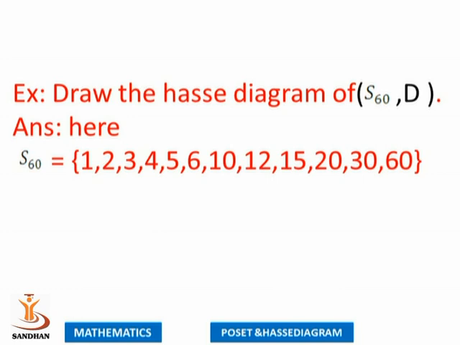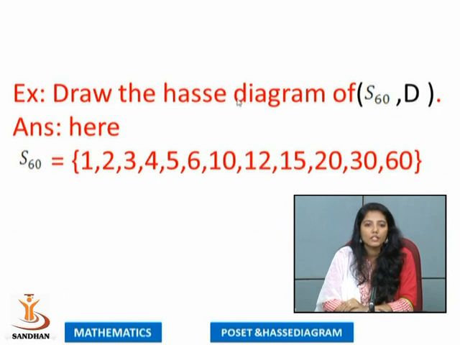Okay. So the next is the Hasse diagram of S60, that is divisors of 60. So 1, 2, 3, 4, 5, 6, 10, 12, 15, 20, 30 and 60. All are the divisors of 60 here.